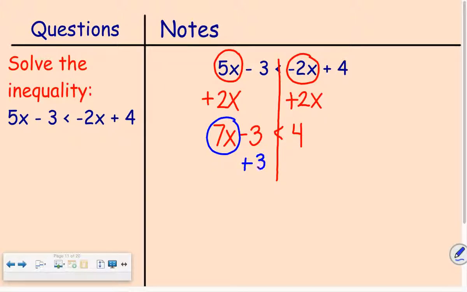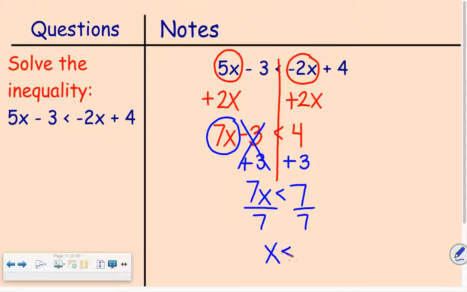Add 3 on both sides. Divide 7 on both sides. X is on the left, so we don't need to rewrite it. And we didn't divide by a negative, we divided by a positive 7, so we don't need to flip anything.